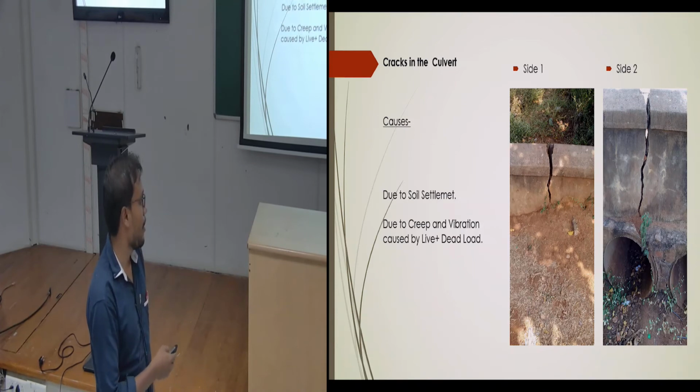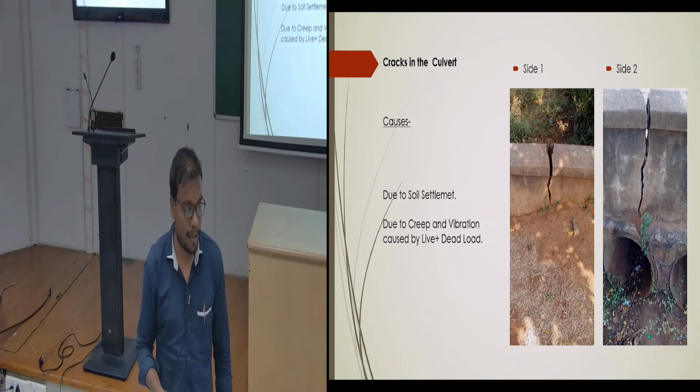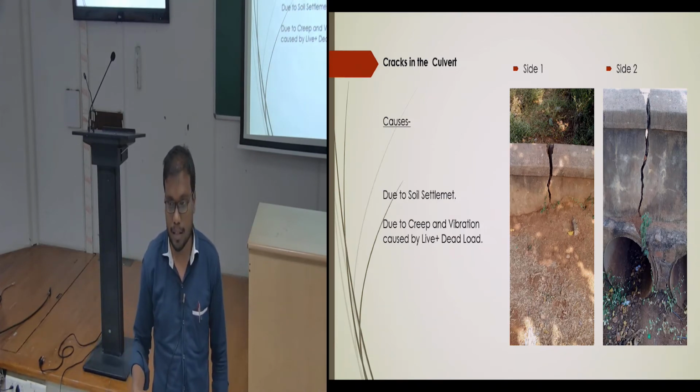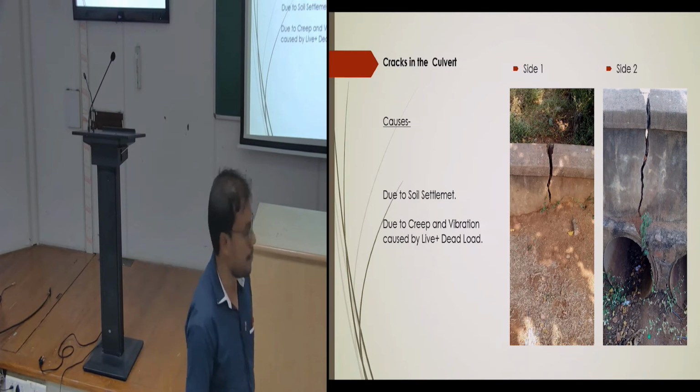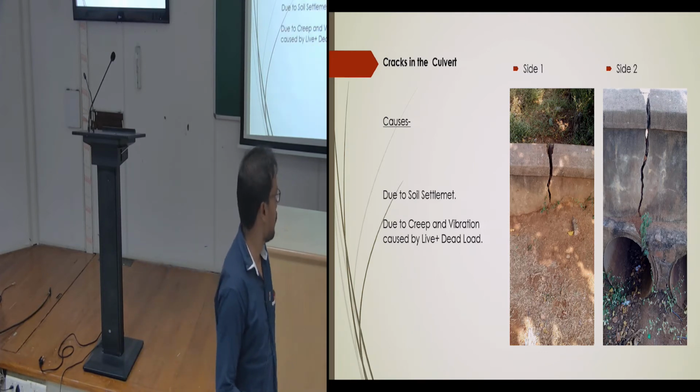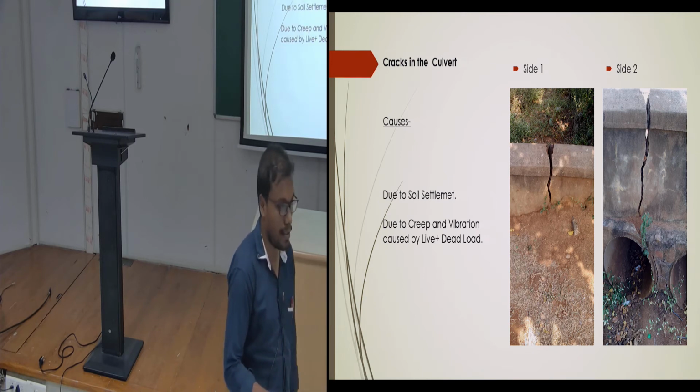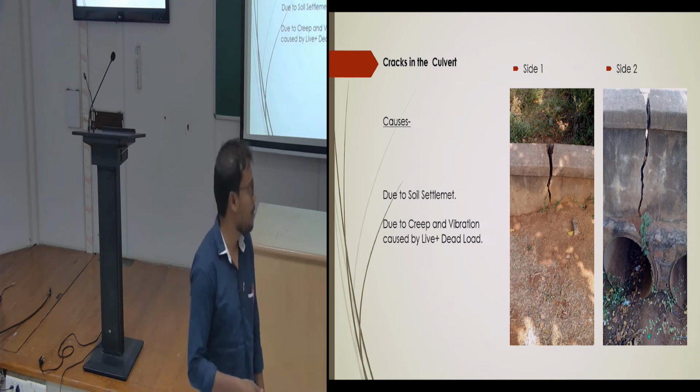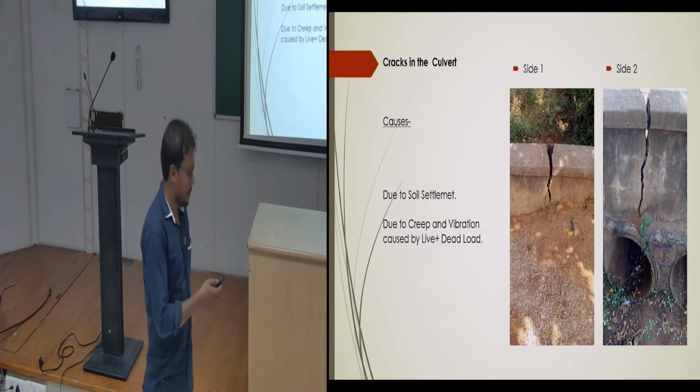That may be because of the vibration caused by the movement of the vehicles. So the main cause is the vibration on the road because of the movement of the vehicles.